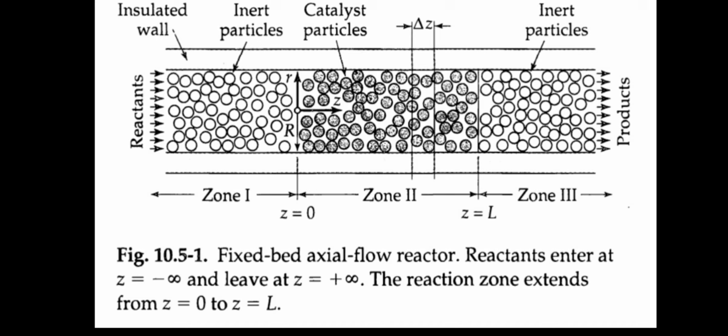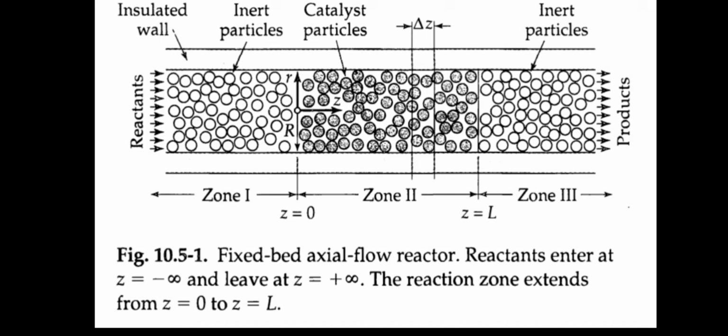Now zone 2, the catalytic reaction zone. This is the heart of our reactor, spanning from Z equals 0 to Z equals L. Here the packing is made up of catalytic spheres. This is where the intended chemical reaction takes place, and as a result, this zone is characterized by a significant source or sink of thermal energy, represented by the term S in our equations.